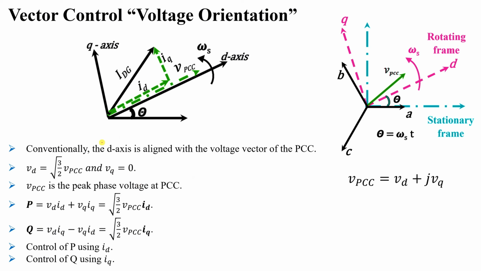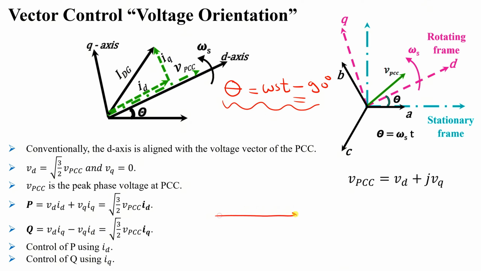Other research papers say that I'm going to select the angle theta, which is the transformation angle, as omega st, which is the angle of VBCC, minus 90 degrees. And I have used this in one of my own papers. If you used a transformation angle like this, let's draw it.